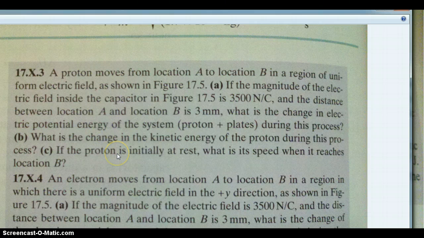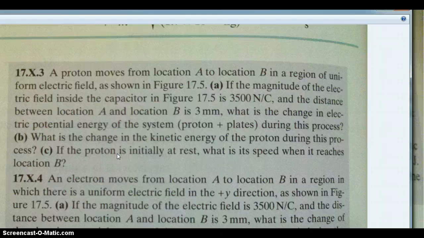A proton moves from location A to location B in a region of uniform electric field, as shown in figure 17.5a. The magnitude of the electric field inside the capacitor in figure 17.5 is 3,500 newtons per coulomb, and the distance between location A and location B is 3 millimeters.